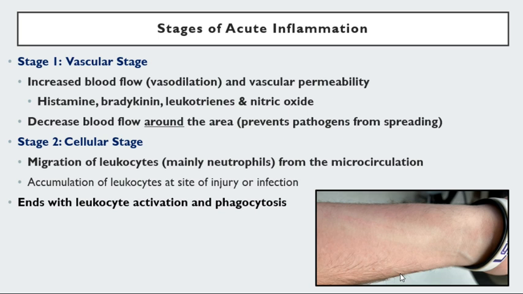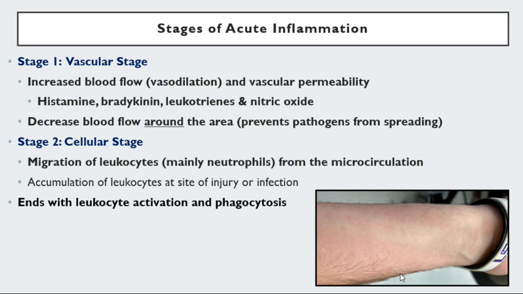Does that make sense? It's allowing your immune cells to get in, but preventing the pathogens from spreading out. It does this by increasing blood flow or blood pressure here, but decreasing it here, by just shutting off blood flow.